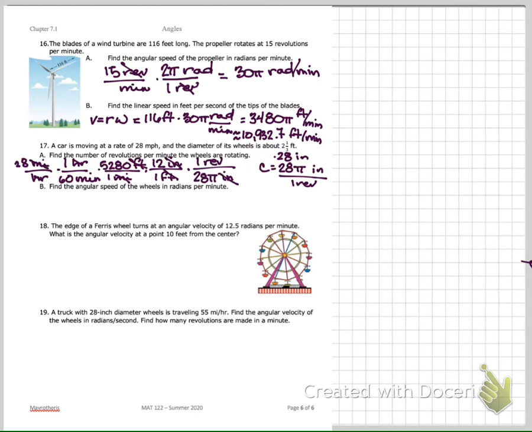If I take a look at this now, I've got revolutions in the numerator, I've got minutes in the denominator. My answer is going to be in revolutions per minute. When I multiply the numerators out and divide by everything in the denominator, I get 336.14 revolutions per minute.